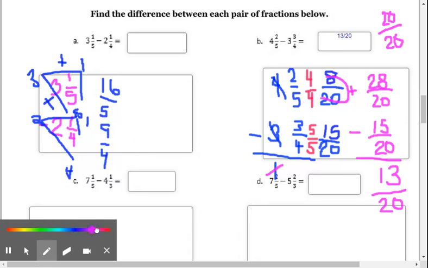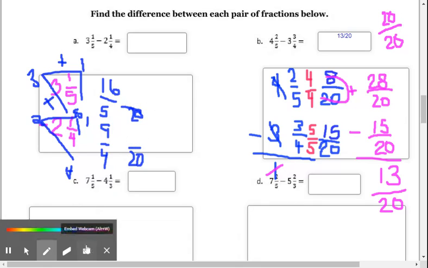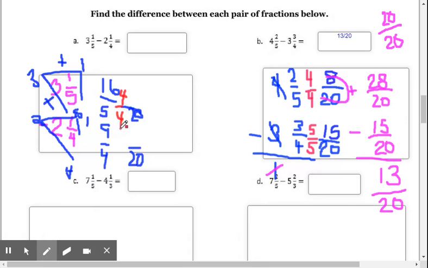Well, as luck would have it, we're still dealing with 5 and 4. So I know I'm going to 20. As luck would have it, I did it right over here. So I know it's going to be 4 over 4 and 5 over 5.